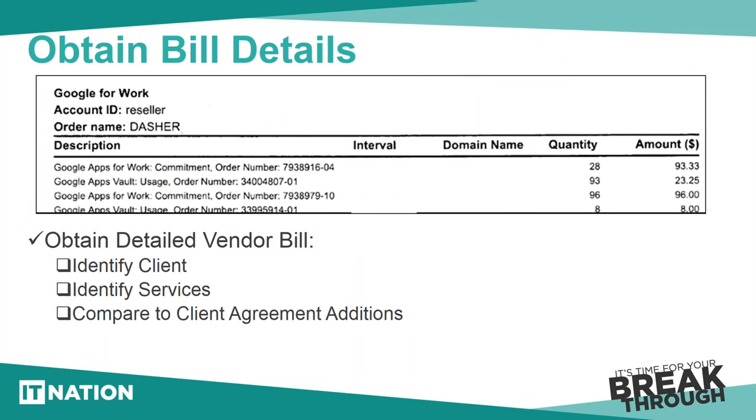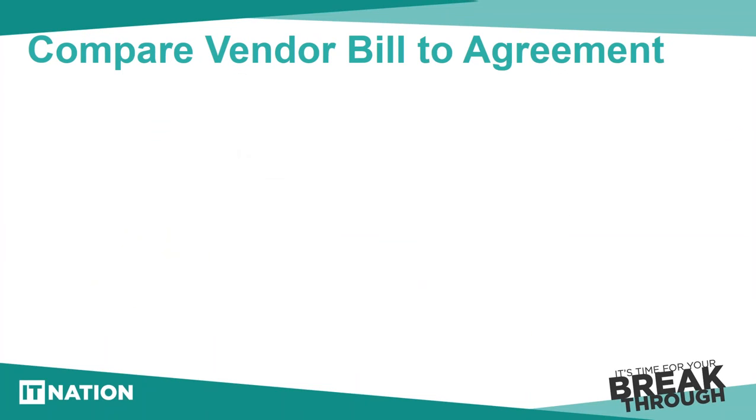So when I'm suggesting to obtain the bill details, that means going and getting a detailed bill from your provider, identify who the client is, the services that you're providing, and then compare that to the current agreement that you have in place and update the additions if necessary.